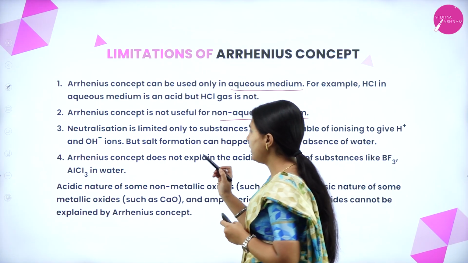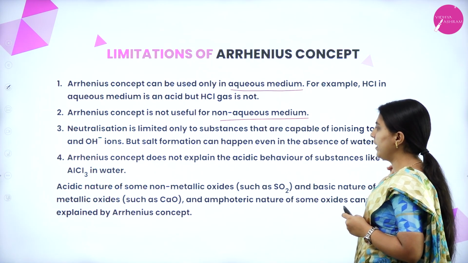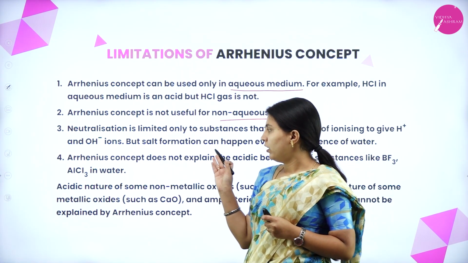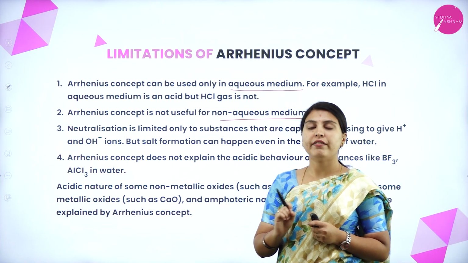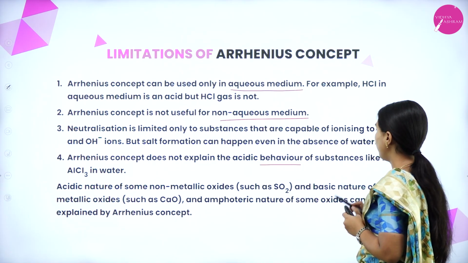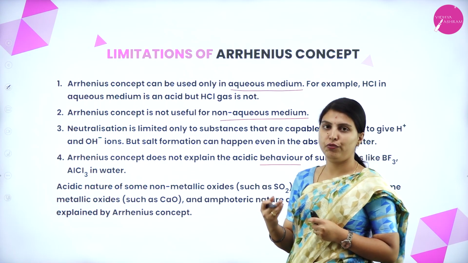Arrhenius concept does not explain the acidic behavior of substances like BF3 and aluminum chloride in water. It does not give any idea about the acidic behavior of substances like boron trifluoride and aluminum trichloride in water.